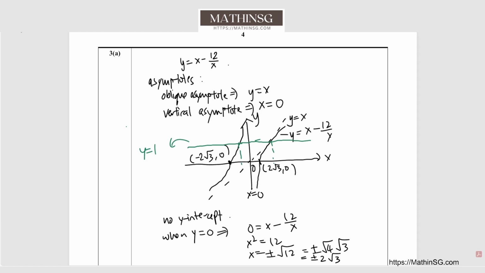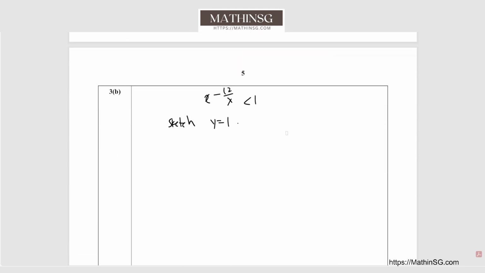This portion occurs at this portion of the x value, which means x is lesser than this value here. We need to find it. And also, this part of the graph is lower than y equals 1. So this portion from 0 all the way to here satisfies this inequality.